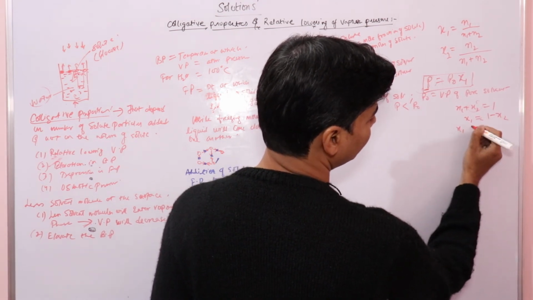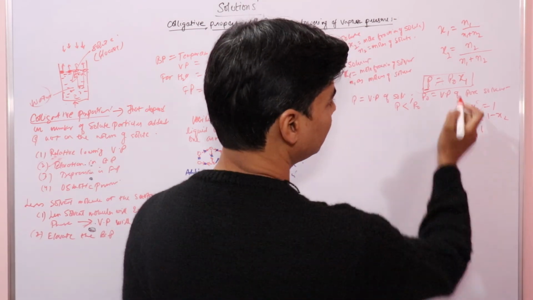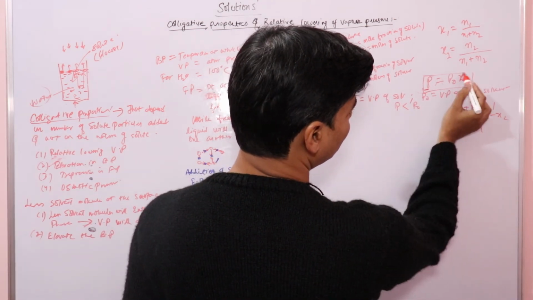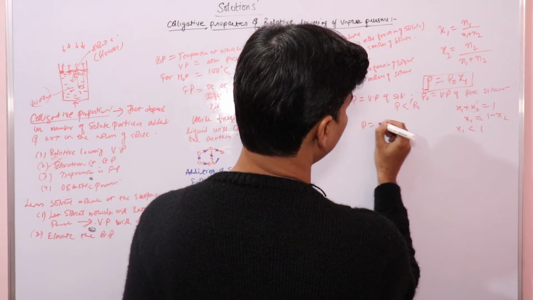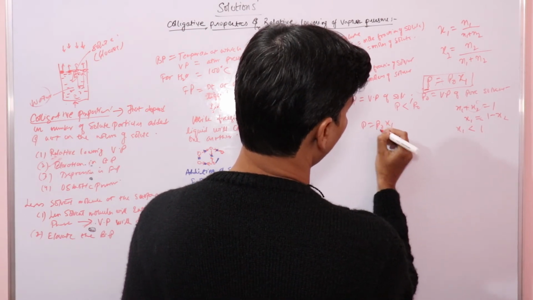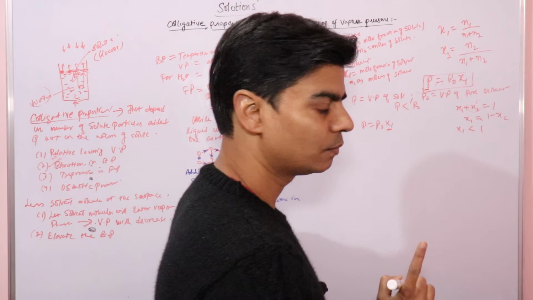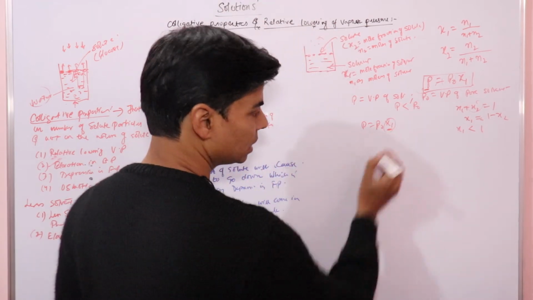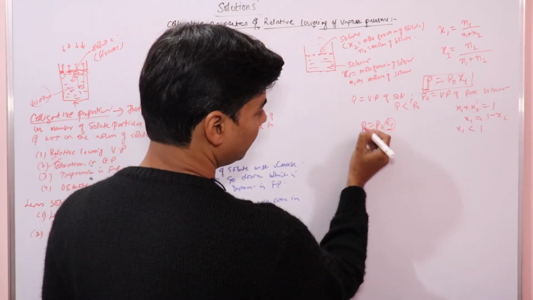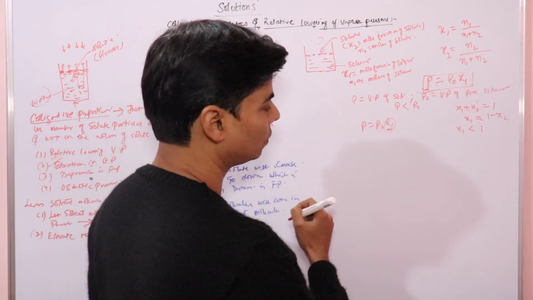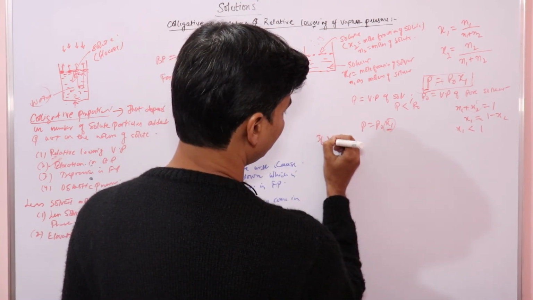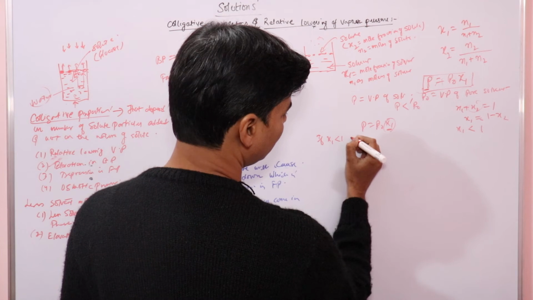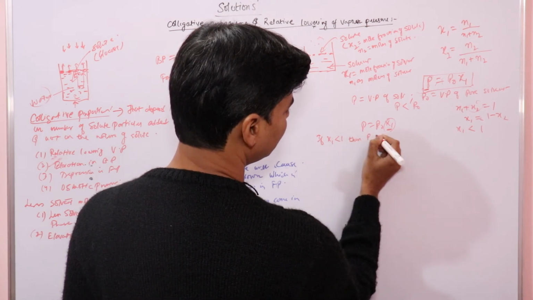So x1 would always be less than 1, right? So if you put P is equal to P0 x1, if x1 is less than 1, then P is less than P0.